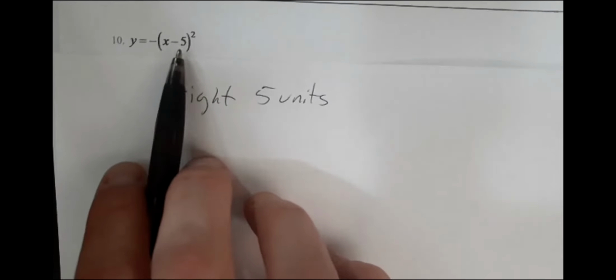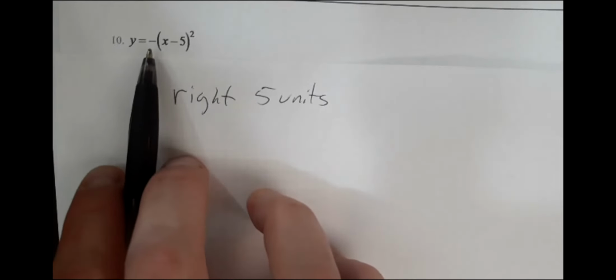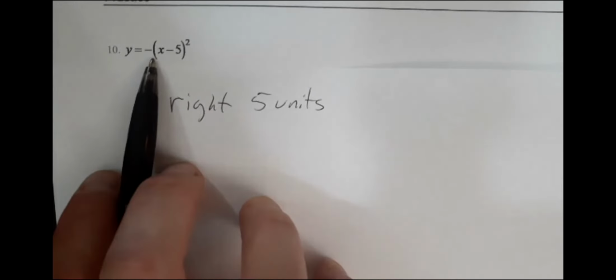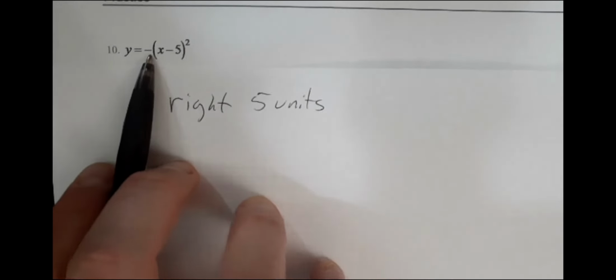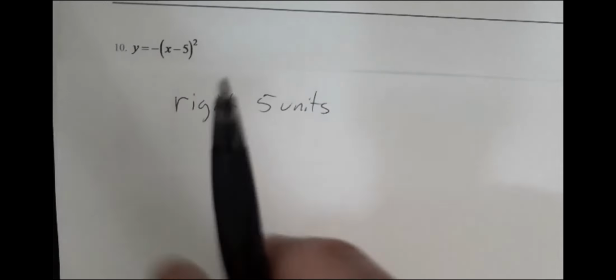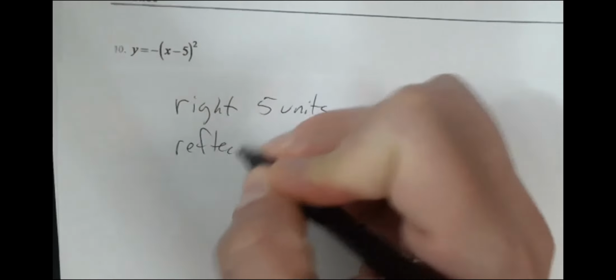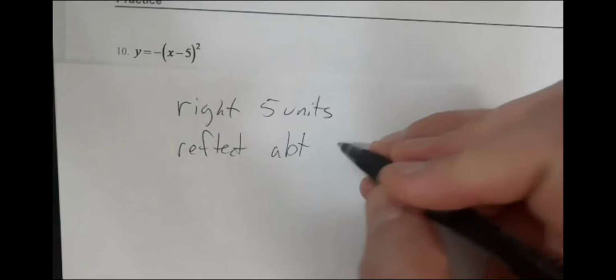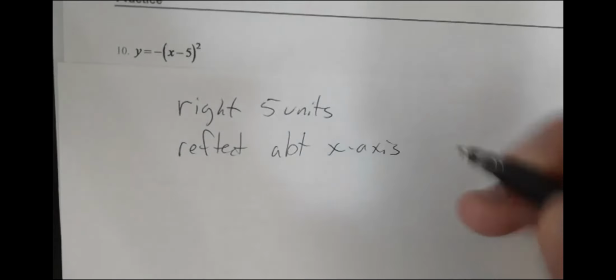And then now I'm looking at this negative. So I'm going to move it right 5 units. And then this negative is on the outside. So this is just like we had in the previous problem. If it's on the outside, it's happening to the y values. So the y values are getting flipped. So this is a flip or reflect. We're flipping up and down, so is it going to be about the x-axis?